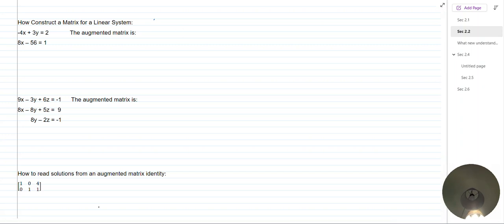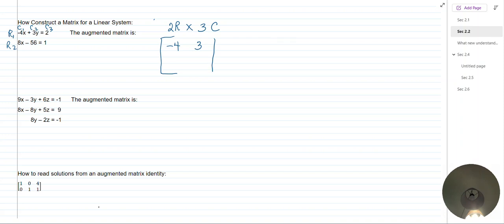First off, we know that this is a 2-row by 3 column. Row 1, row 2, and this is column 1, column 2, and column 3. So what we're talking about is constructing an open bracket, and we're going to put only the coefficients. The coefficient to x is -4. The coefficient to y is 3.